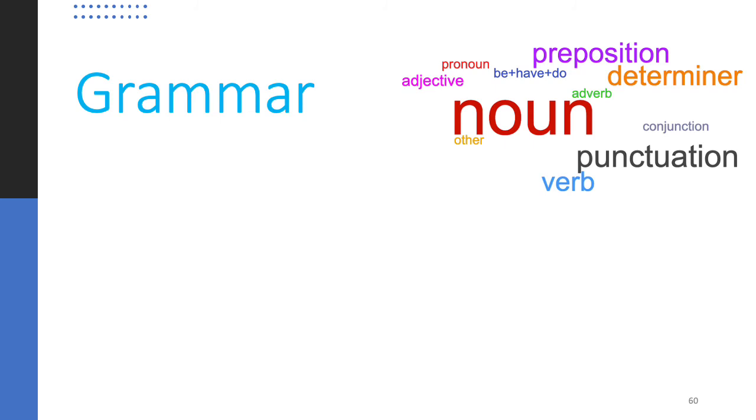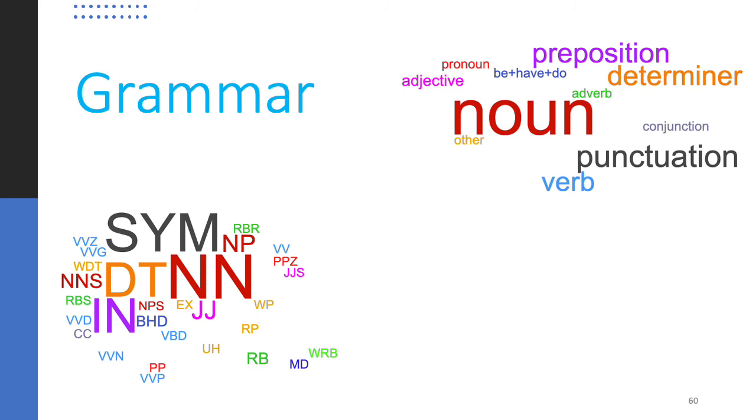Another thing which VersaText has is the opportunity to make clouds not of words but of grammar information. So you can make a word cloud of parts of speech, but you can also make a tag cloud.